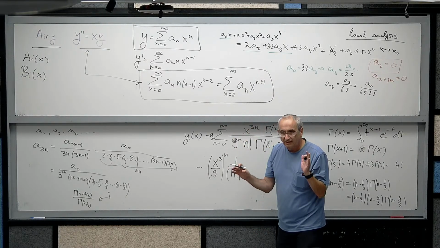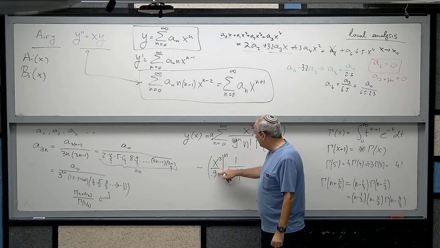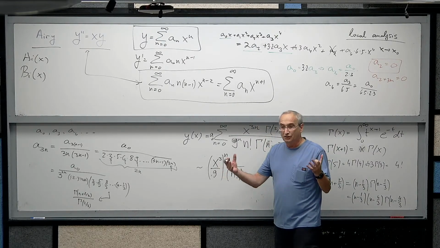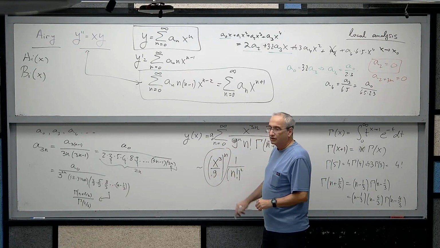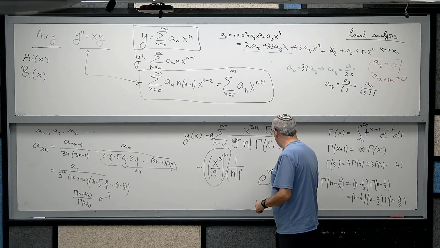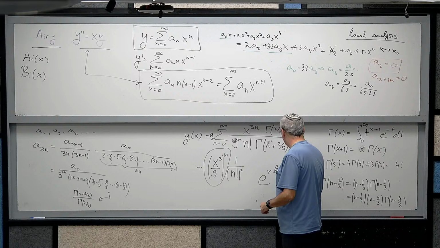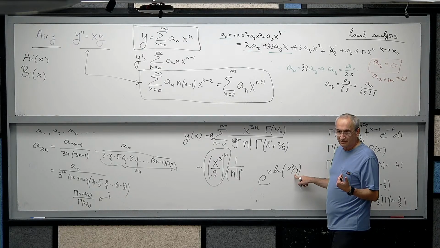However, even if x cubed over 9 is a very large number, what we have here is an exponential growth, right? Because we can write it as e to the n times the logarithm of x cubed over 9.